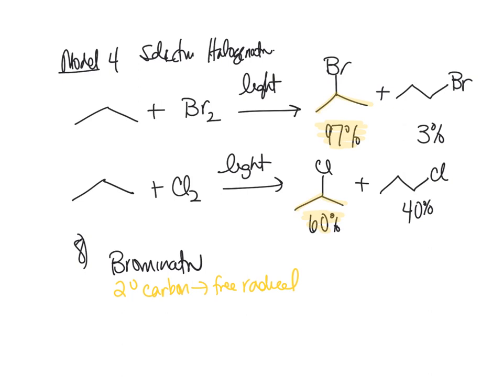Explain why the major product in Model 4 is formed more readily than the minor product. And if you look at your bond dissociation energies, what do we say, page like 203 in your textbook?